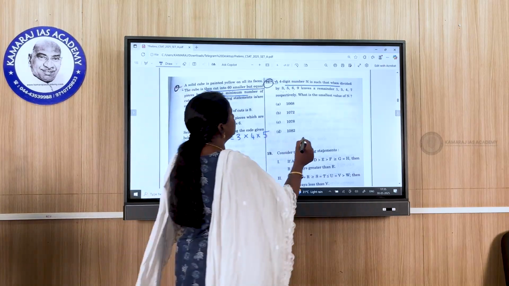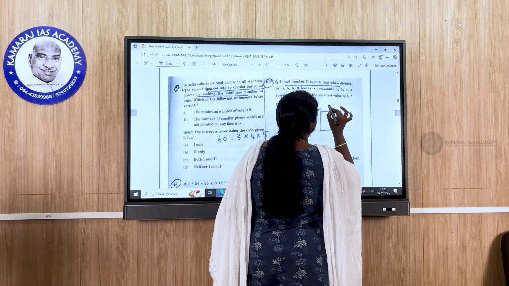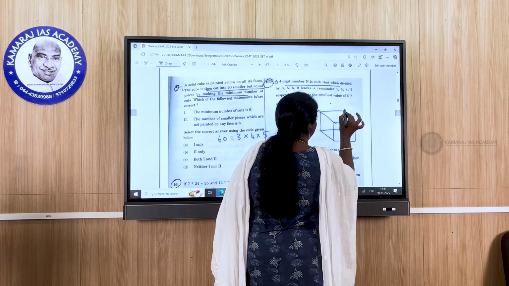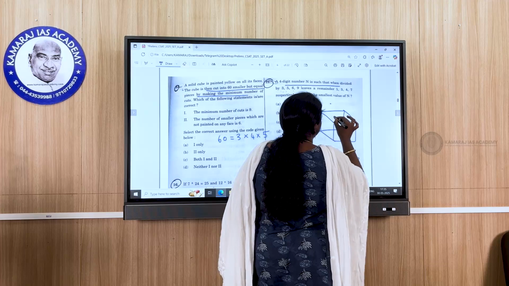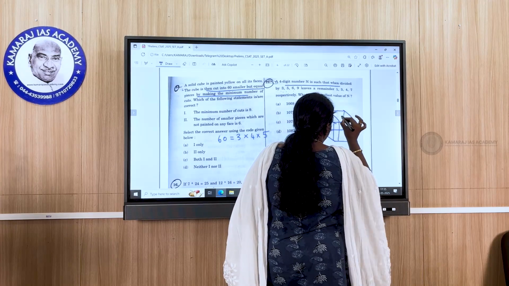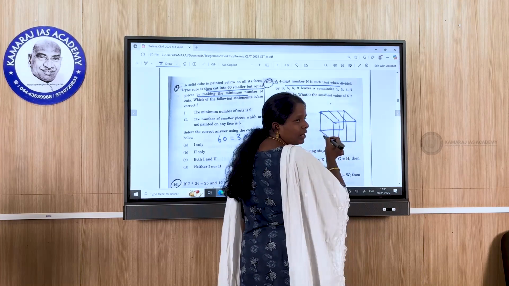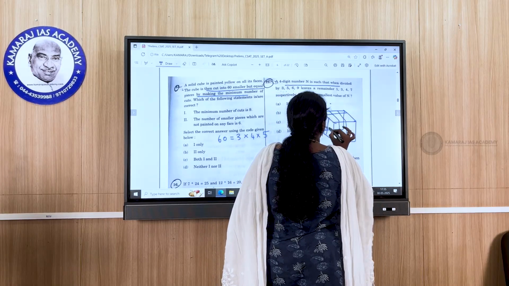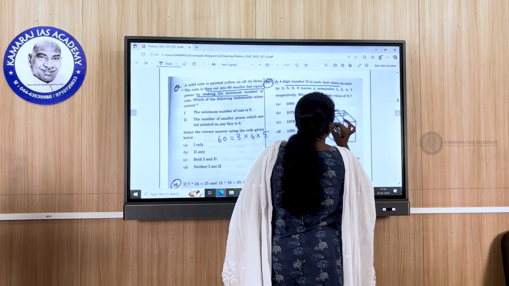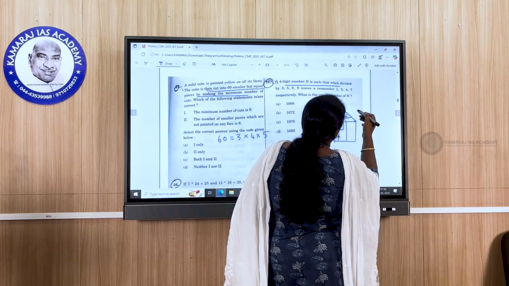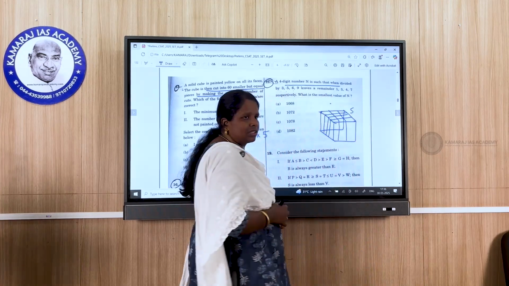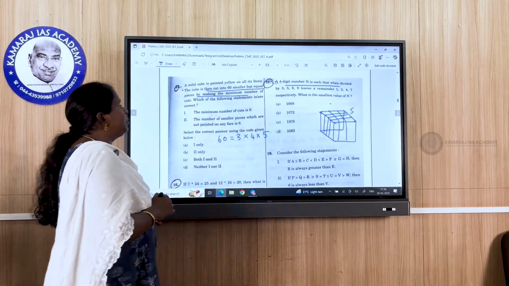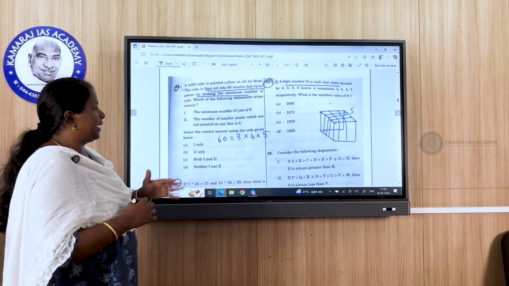So what they are doing is constructing a cube. 1, 2, 3 cuts, so this side I am making it as 4, 1, 2, 3, 4, and again one more side I am making into 5 parts. So the first thing is to find the minimum number of cuts, which is 9.